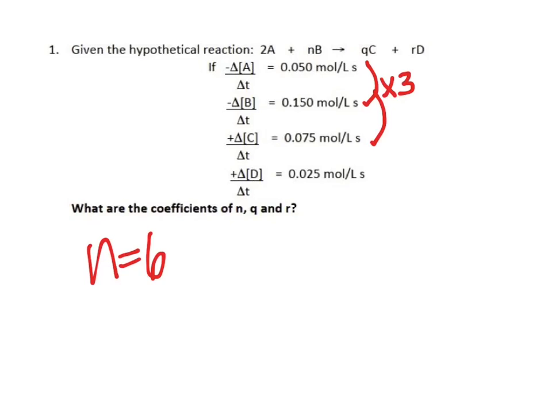It's 1/2. So we've divided n by 2, which means what does q have to be? If n is 6 and we divide it by 2, q has to be 3.